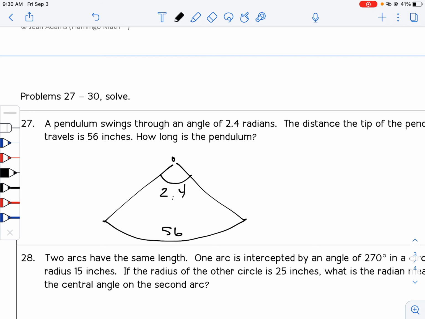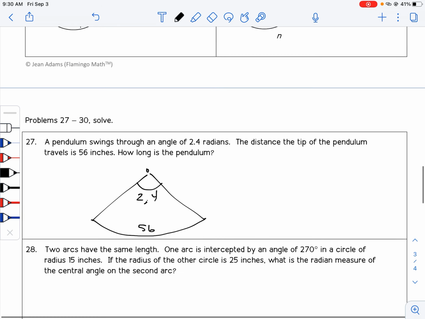And we're looking for how long is the pendulum. So we're looking for the radius here, or the length of the pendulum. So again, similar idea here. You're going to set this up as a proportion, the part to the whole and so forth. And we're going to go ahead and solve that for what the radius of the pendulum is.